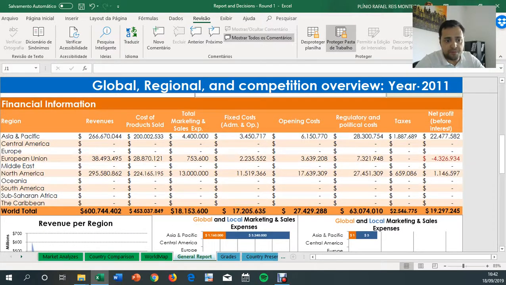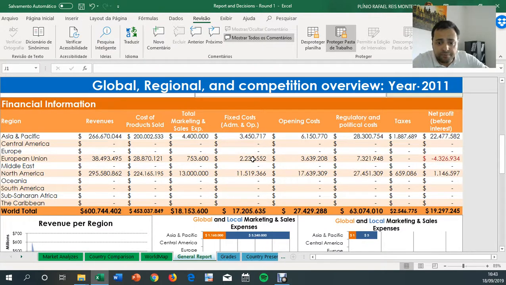Also, you have financial information for each region. As you can see, the greatest demand is located in North America, and the second greatest demand in Asia and Pacific. And as you can see here, basically they're paying much more money for political and regulatory costs in Asia than in the United States.